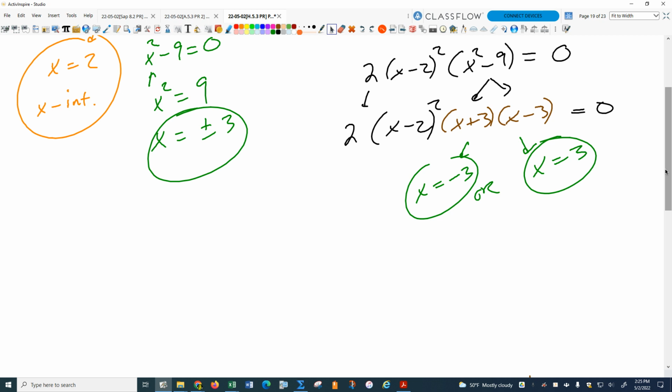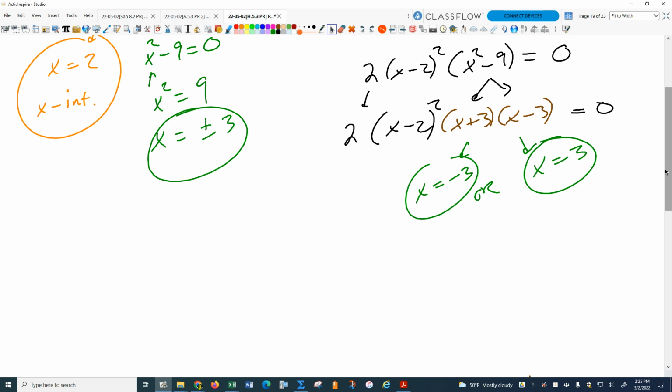Okay, what's our rule? When do real zeros cross the x-axis? Remember what was our rule? When the multiplicity is odd. When the degree of the factor is odd, right? If it's to the first power or the third power or the fifth power, then the zero of that factor is always going to cut through the x-axis.